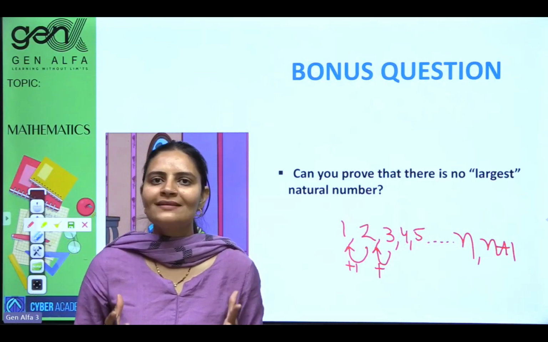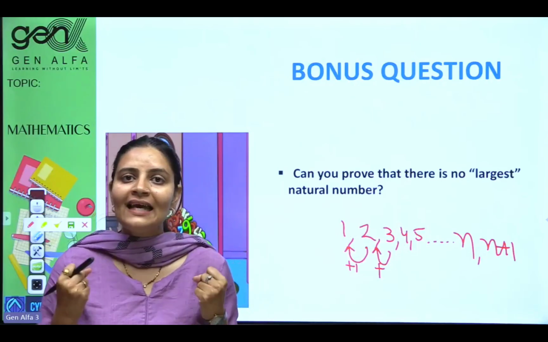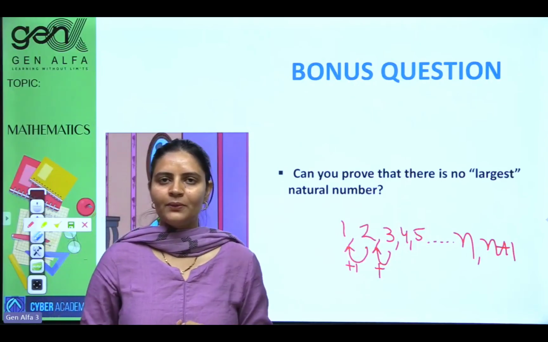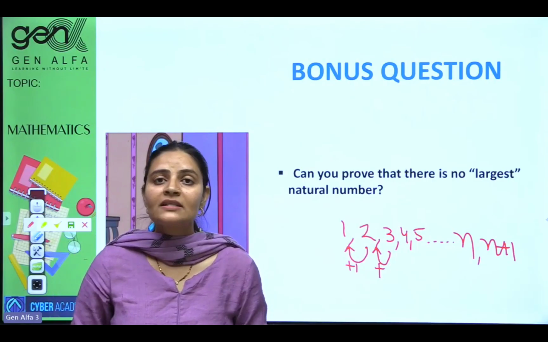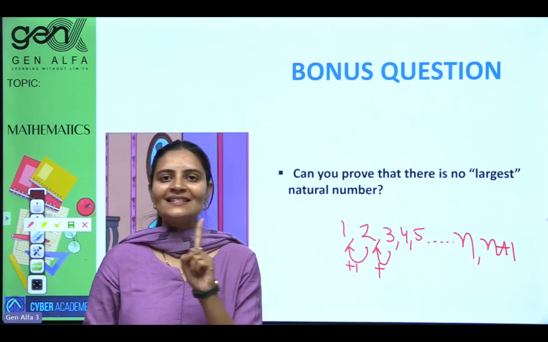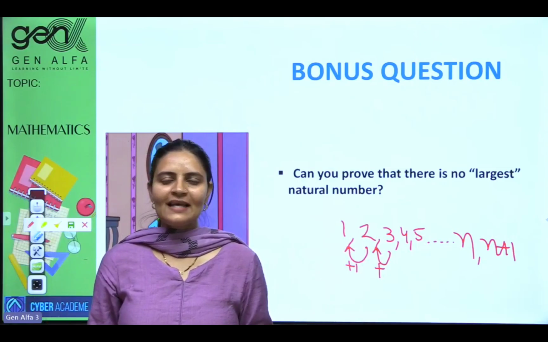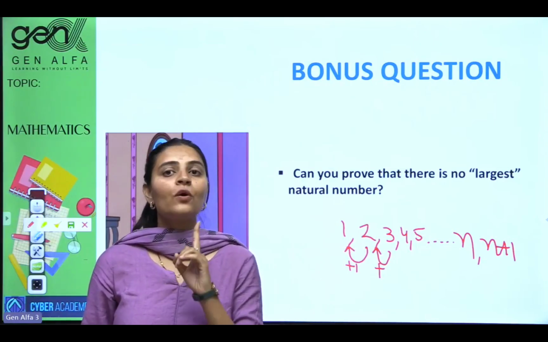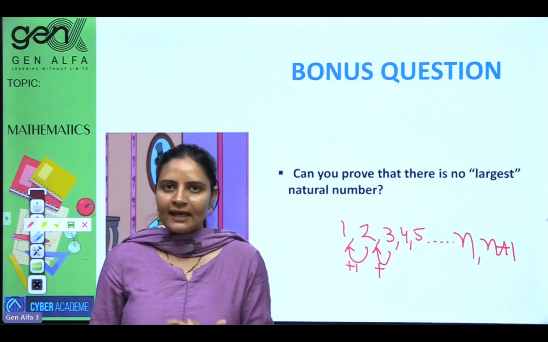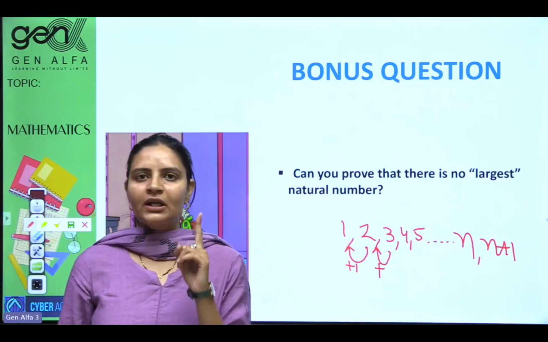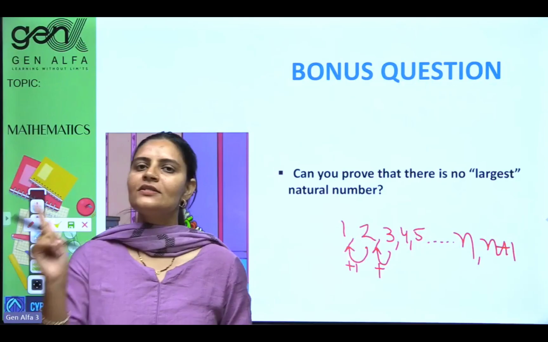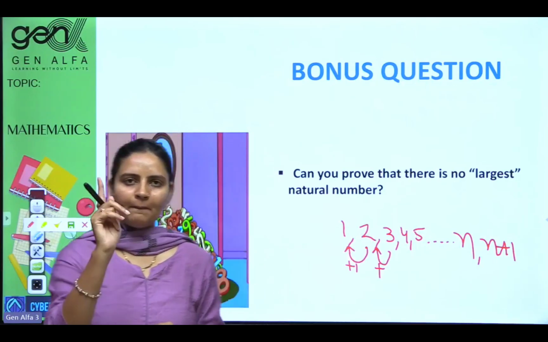So what is the rule? What is the statement we have got? That natural numbers have no largest number. The set is infinite. Yes, but all are starting from 1. So we can say that the first natural number is 1, but there is no last natural number, a big no.